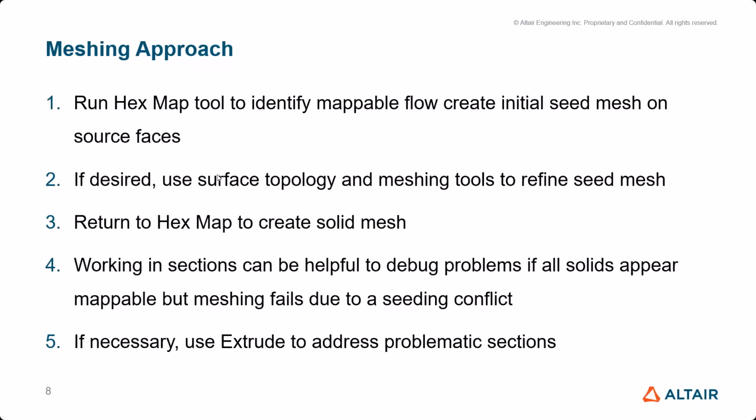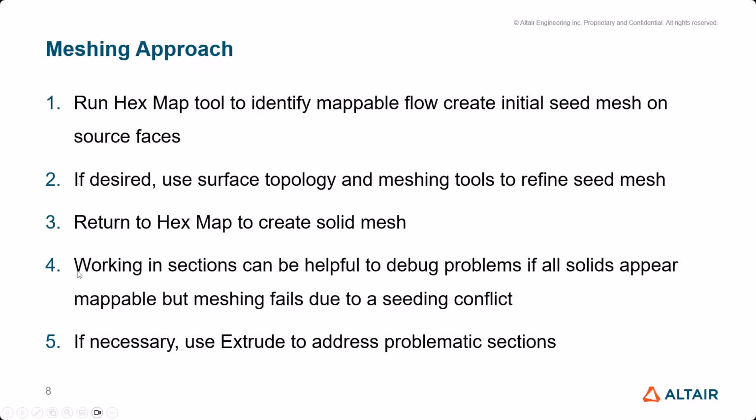But it's often advantageous to bounce out of hex map and just use the regular surface topology and meshing tools to clean up the seed mesh. Once you have those source surfaces identified, you can adjust that seed mesh all you want, and then come back to the hex map tool, and it will still recognize that those are the source faces and they already have this mesh on them, and then it will just crank through and create the solid elements section by section.